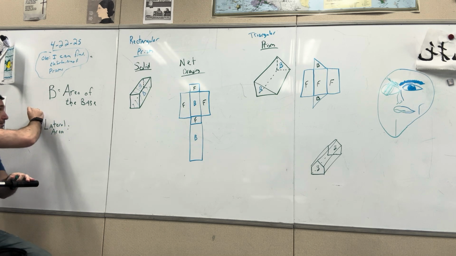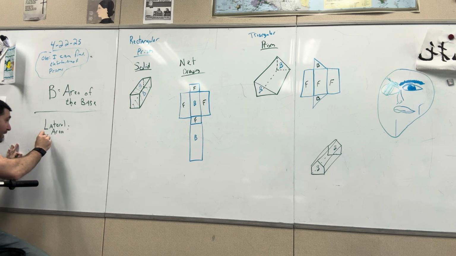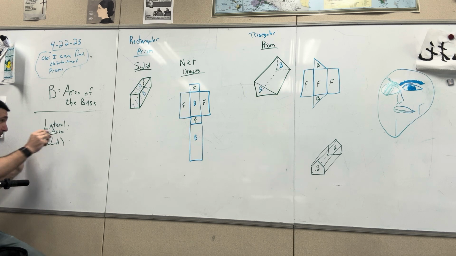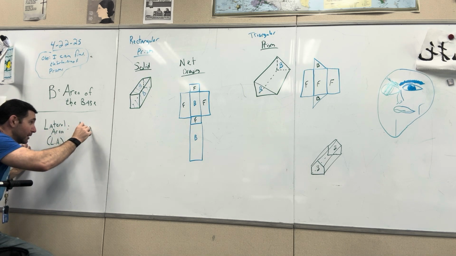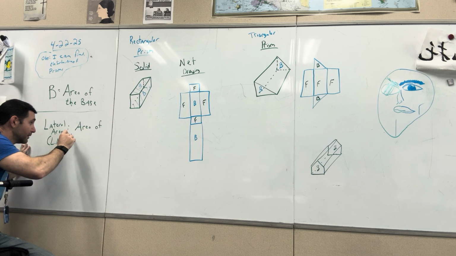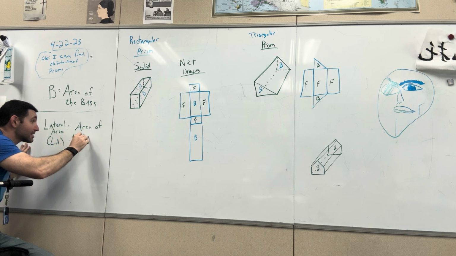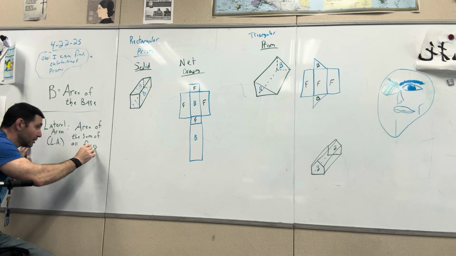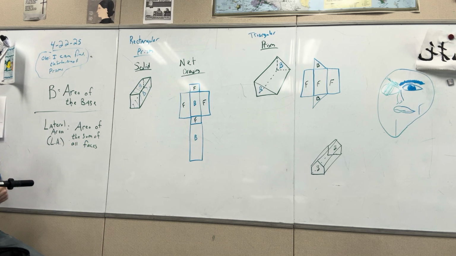Lateral area, which is abbreviated, I know this is going to come as a shock, as LA. Lateral area is the area of the sum of all faces. Okay, so we have area of a base. We have lateral area, which is the area of all of the faces added together.